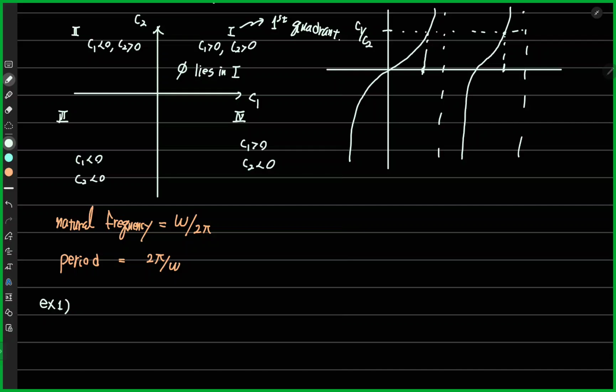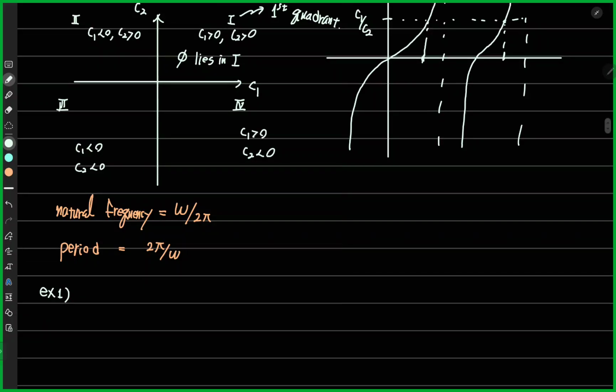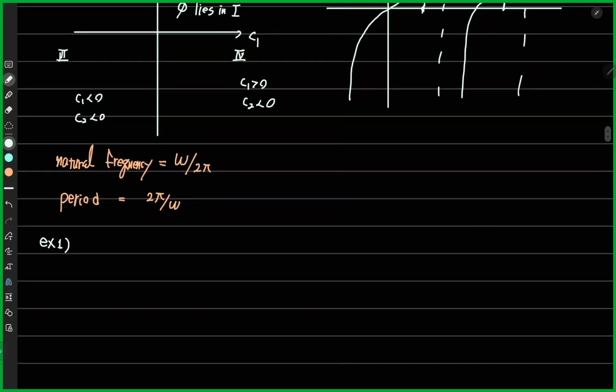So example 1, that is example 1 in the textbook. Okay. So here's a wall, and a small wagon is on the road. All right.